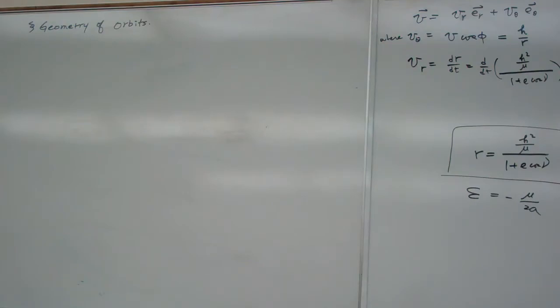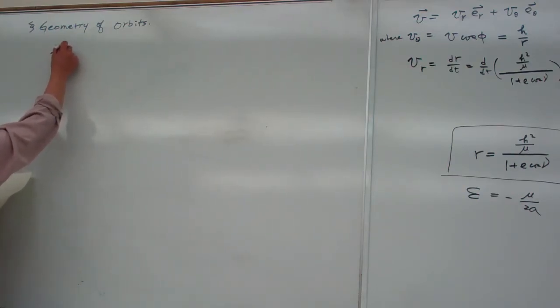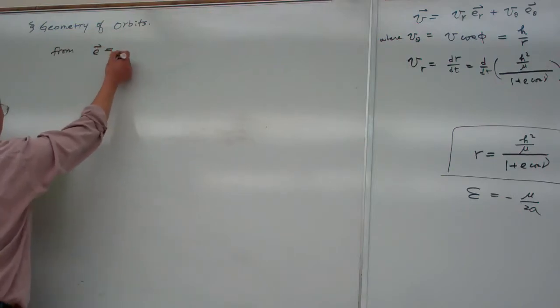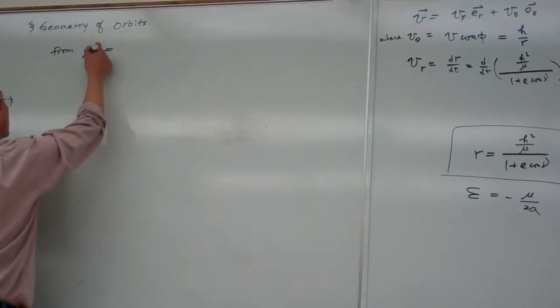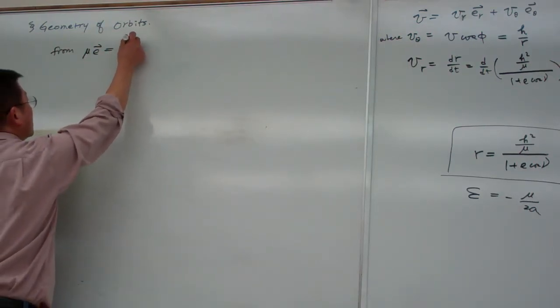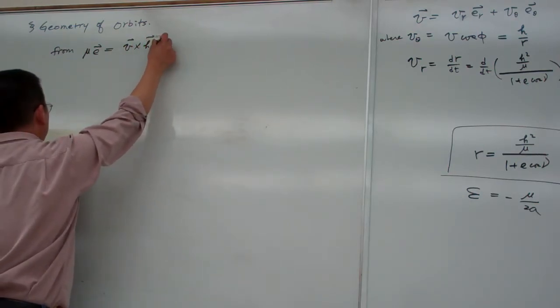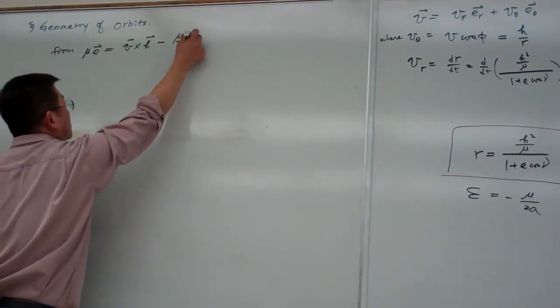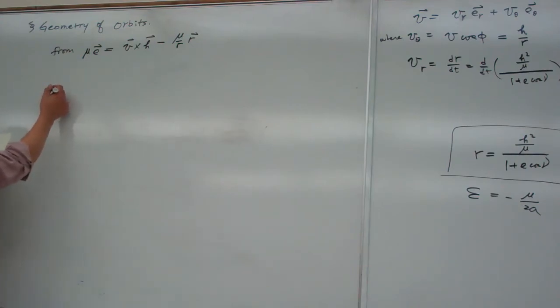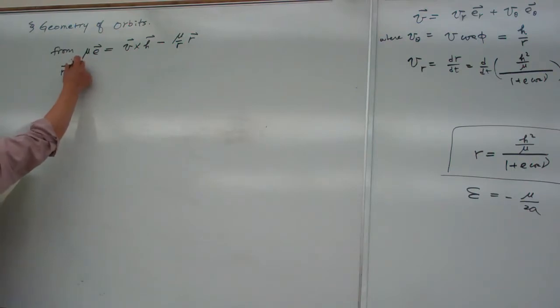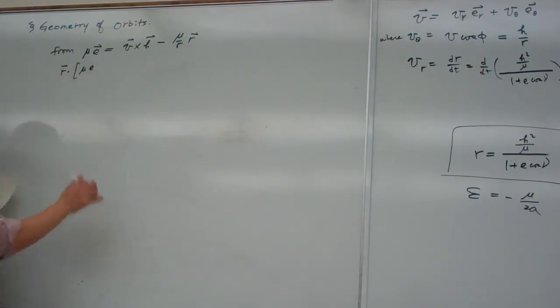To prepare for this, I need to lay down a little bit more information here. So from the eccentricity vector, let me rewrite: v cross h minus mu over r. Okay, so here we take the inner product of r with this equation.